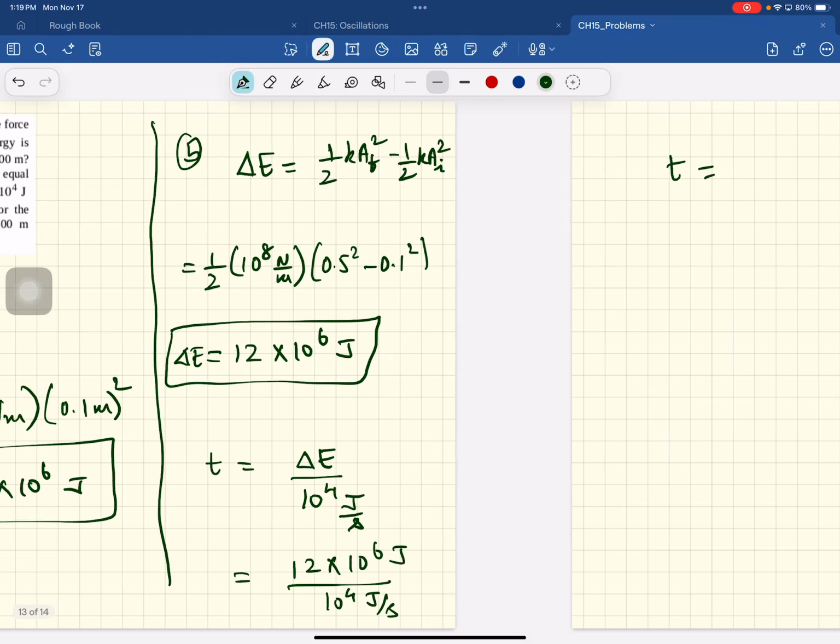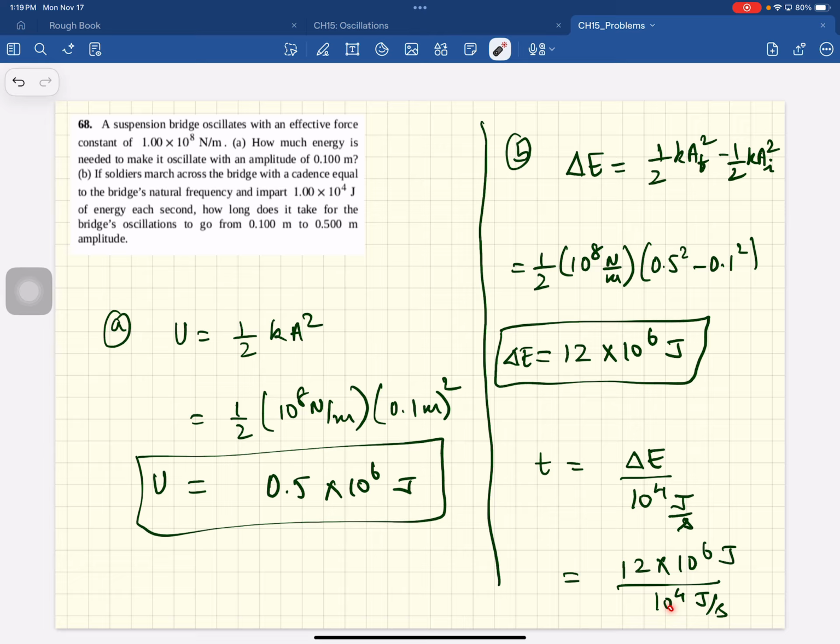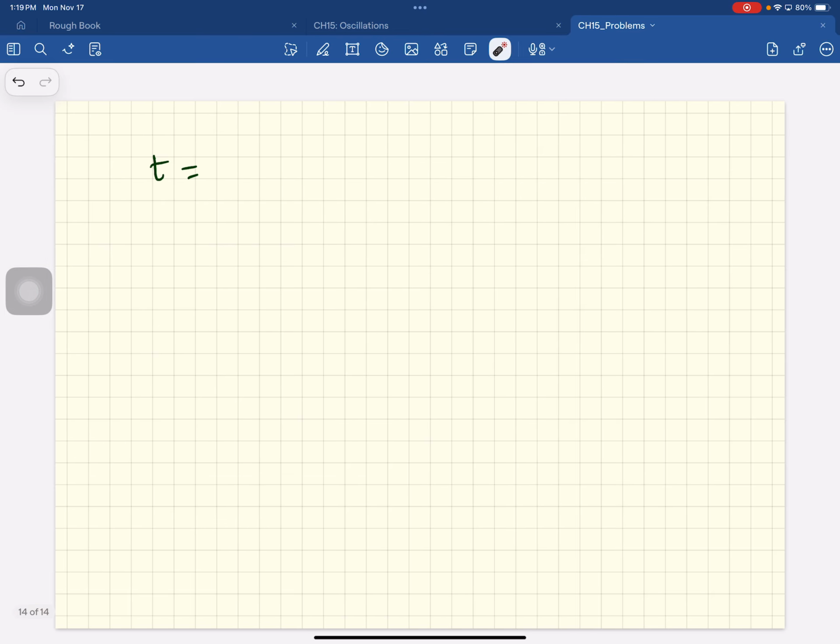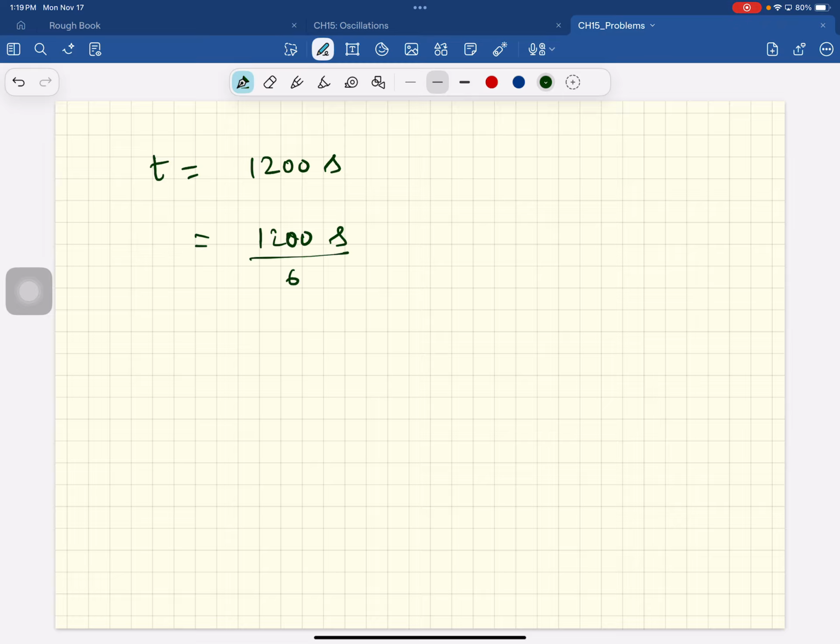So that cancels, so 1200 seconds, which is 20 minutes. So if the bridge is long enough where it takes them 20 minutes to march across the bridge, you could potentially compromise the structure.